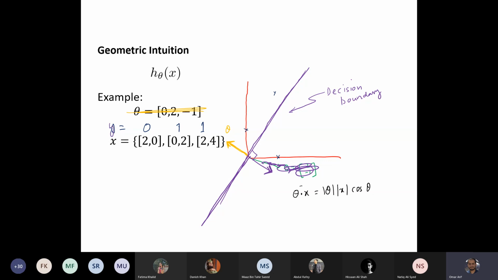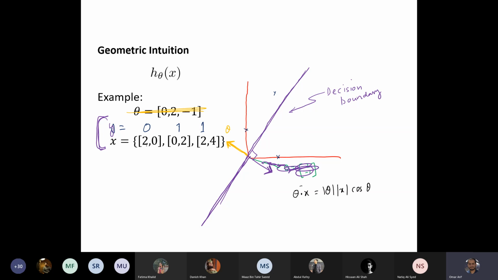By looking at your training examples, can you tell me which of these two theta parameters will give me the right prediction? Okay, I reiterate the question.